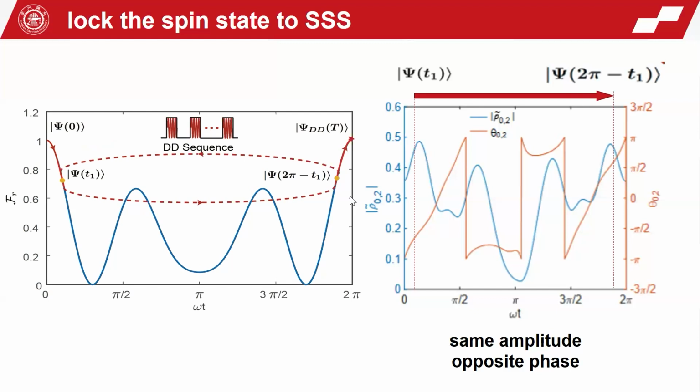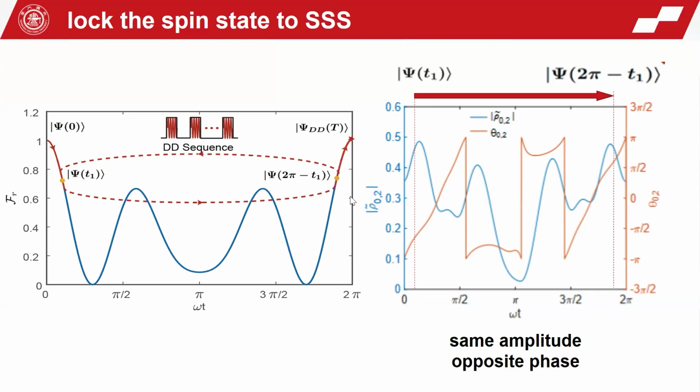So how do we flip this spin? We calculate the density matrix term, rho 02. This term is enough for locking the coherent spin state. We calculate the amplitude and the phase of this term, and find that for psi t1 and psi 2 pi minus t1, they have the same amplitude and opposite phase.